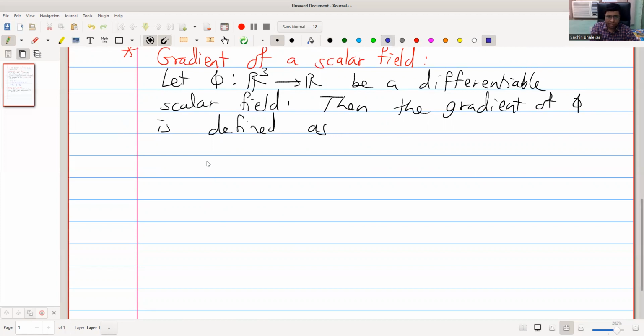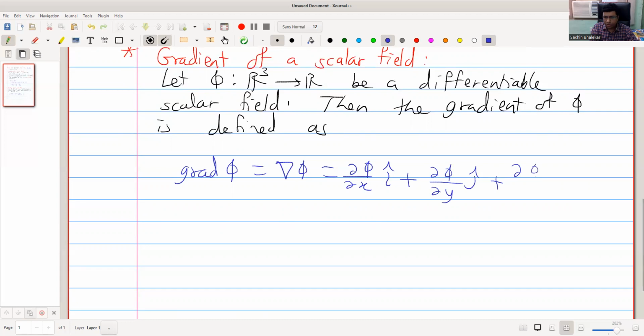Okay, so we also denote it by grad phi equal to del phi, and del phi is nothing but partial derivative of phi with respect to x into i hat plus partial derivative of phi with respect to y into j hat plus partial derivative of phi with respect to z into k hat, or equivalently it is the vector of partial phi with respect to x, with respect to y, and with respect to z.